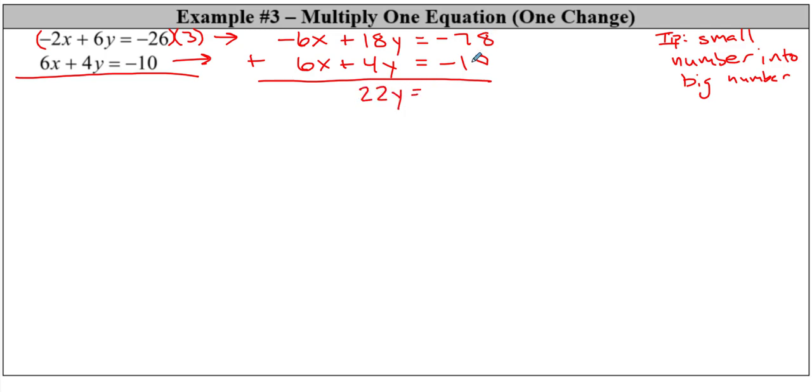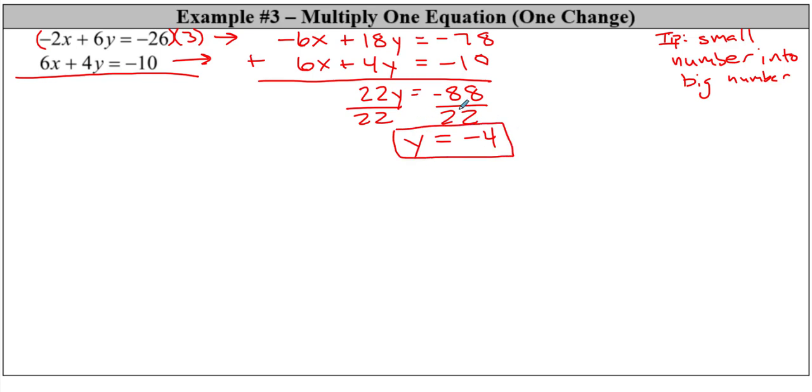And -78 minus 10 is going to give me a -88. Because remember, negative plus negative, I'm going to add those up and keep the negative. Then we divide both sides by 22, and I get y is equal to -4.